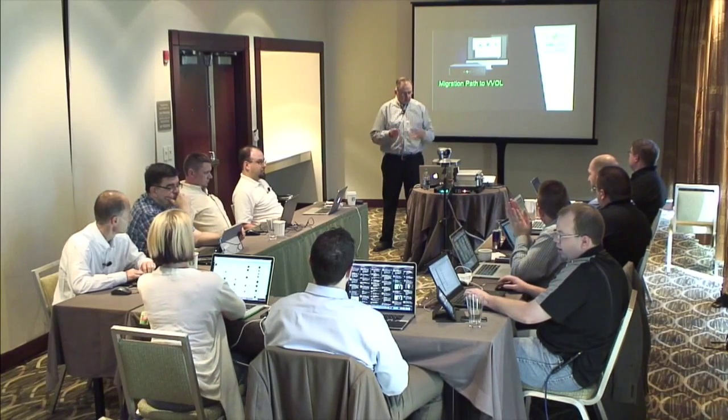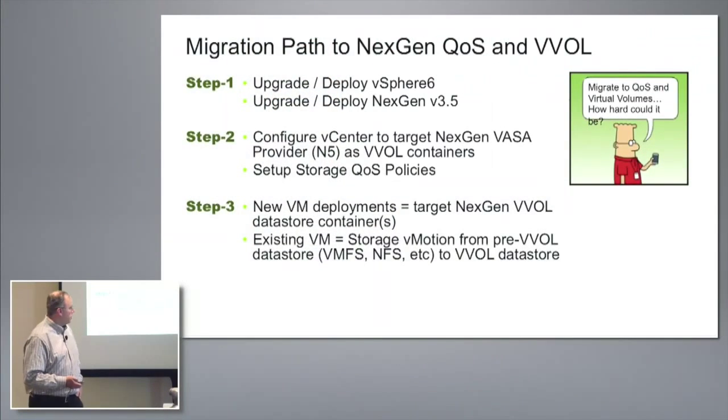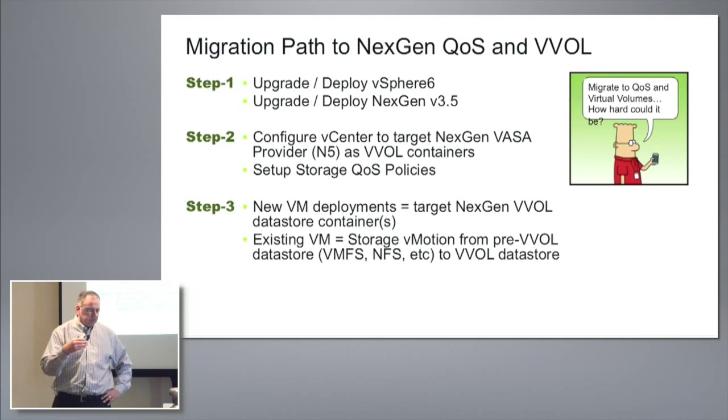Sometimes questions come up about, well, this is all great around vSphere 6 integration and virtual volumes. What's the migration path look like? And so it's really a 3-step process. The first one is to upgrade or deploy the technology for VMware and for NexGen that enables virtual volumes.